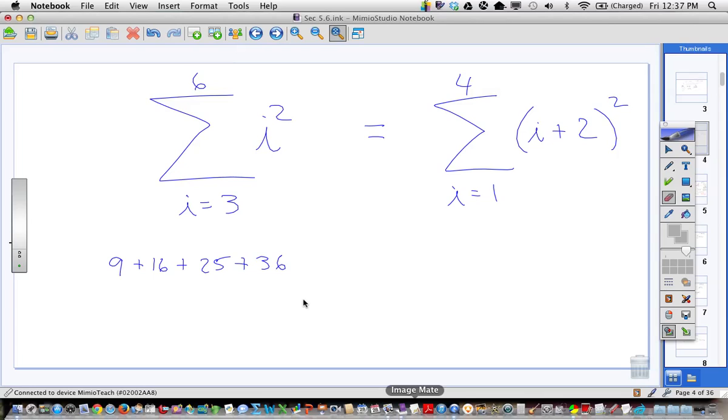In sigma notation, we said it has these parts to it. This says i equals 3, and this is the ending point, and it goes by ones. If i is a 3, we plug a 3 in there, that would be a 9. We plug a 4 in, that would be a 16. We plug a 5.